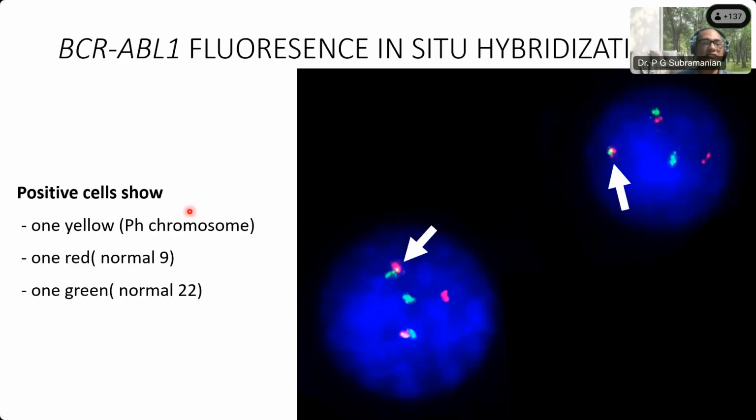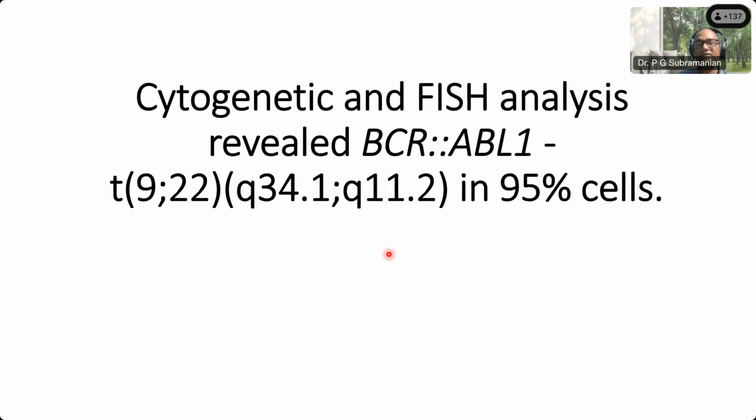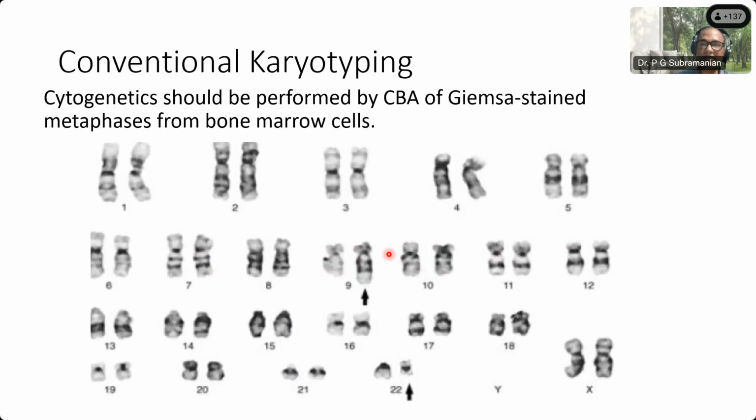So this has again come out as positive in BCR-ABL. This is a cytogenetics with BCR-ABL positive in t(9;22). So you have this 22, a small chromosome, and the 22 becomes an even smaller chromosome. This is what is called your Philadelphia. So you have your 9;22 chromosome here.